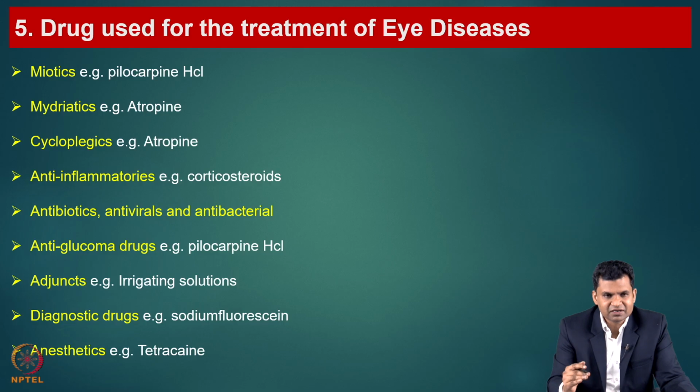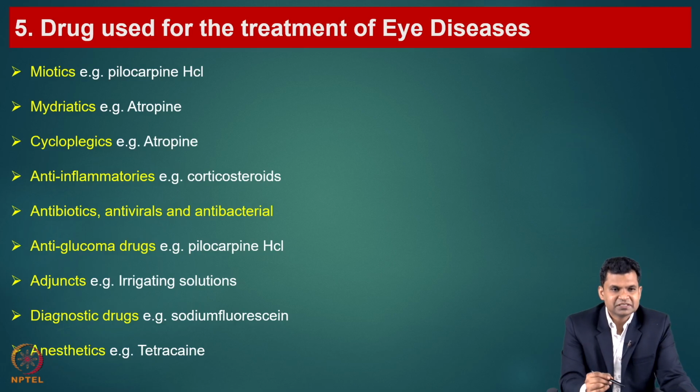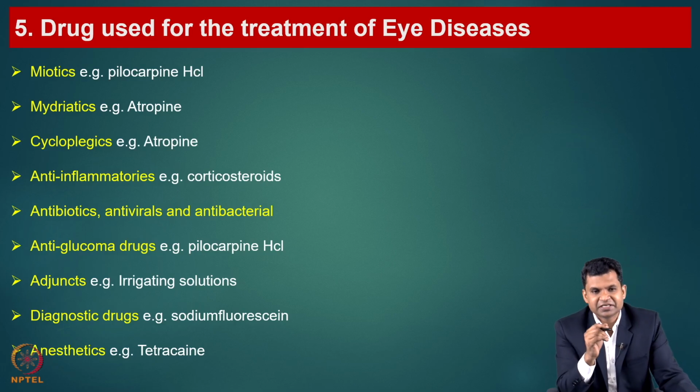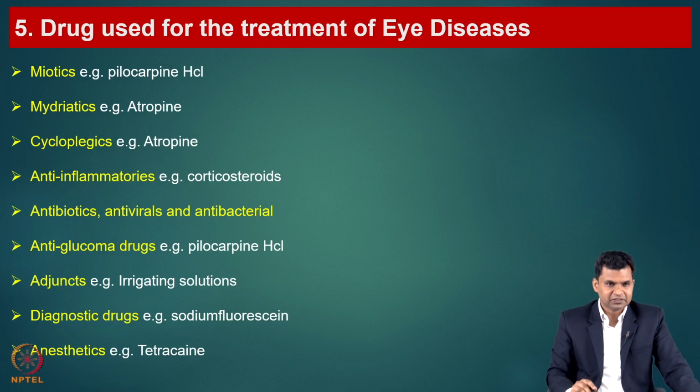So, these are the drugs we use for the treatment of the eye. Okay. The yellow color represents the various disease conditions. There we use different types of drugs.